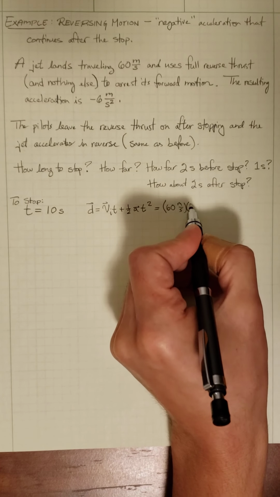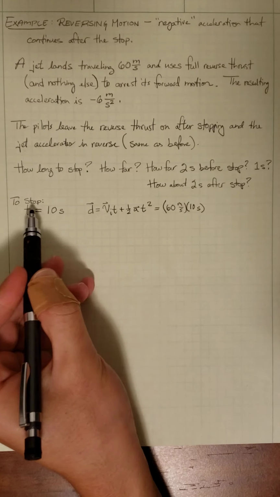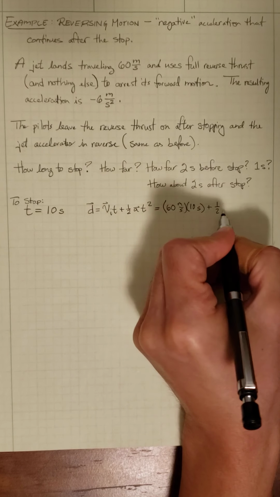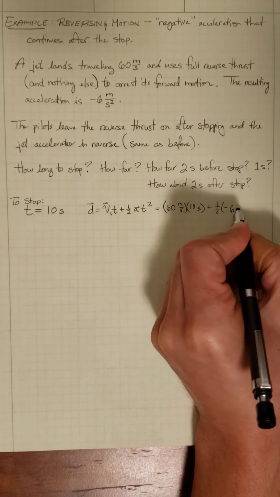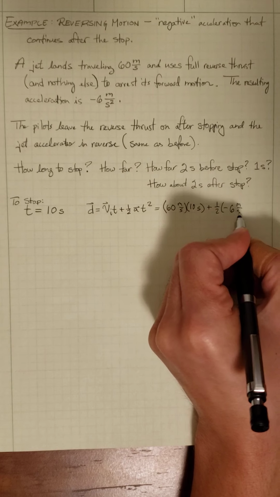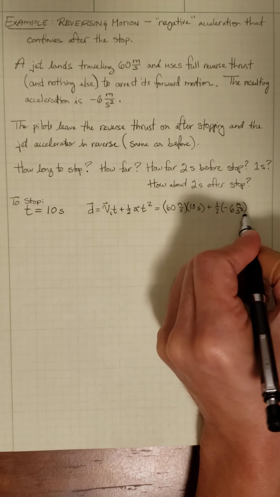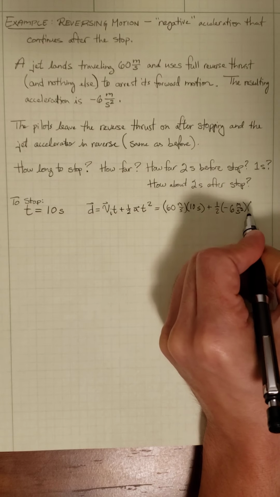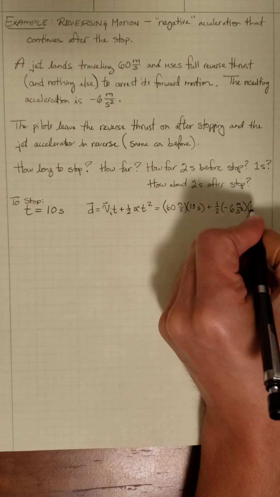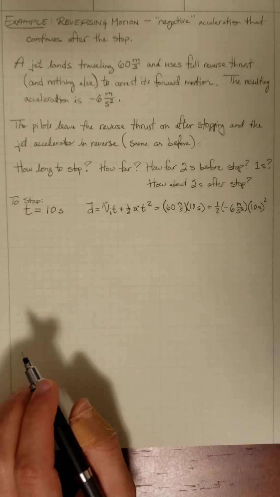Time we said is 10 seconds because we are evaluating at the stop. Plus 1/2. Acceleration comes negative because it is opposing our motion direction. Minus 6 meters per second squared. And then we need to multiply by time squared, which is 10 seconds squared.